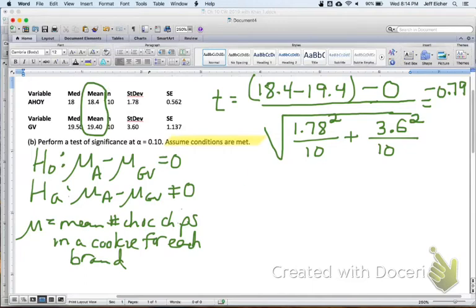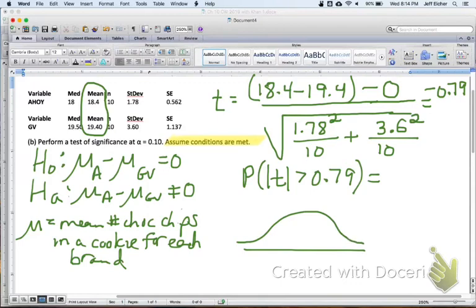And we want to know the probability that the t-score, or the absolute value, is greater than 0.79. Since it's double-sided, it looks like we're going to have a rather large p-value. Remember, it's double-sided. Maybe I'll include a little sketch here. Here's 0, since we've standardized. Here's 0.79. Here's negative 0.79. And we want this side or the other side.